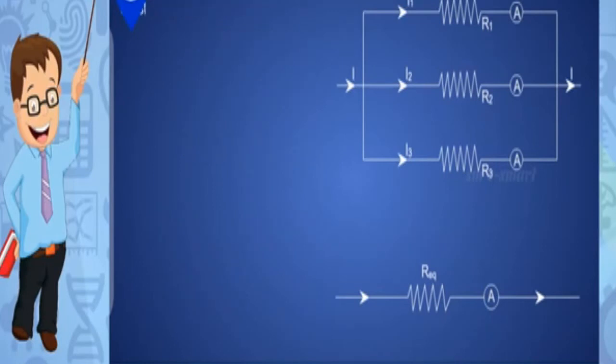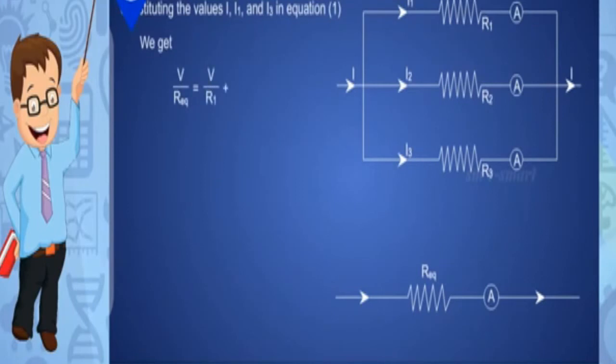Substituting the values of I, I1, I2 and I3 in equation 1, we get V by Req equals V by R1 plus V by R2 plus V by R3.